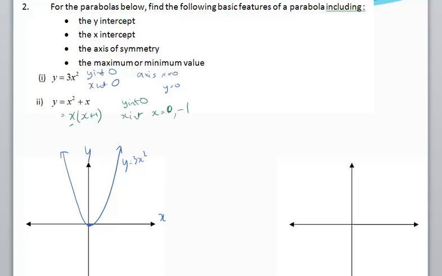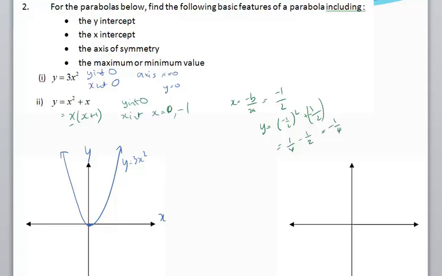So our axis of symmetry here, x is equal to minus b on 2a, so minus 1 on 2, so our axis will be at negative a half, and our minimum will be at x is equal to minus a half, and our y will be equal to minus a half squared plus minus a half here, so it's going to be a quarter minus a half, and minus a quarter here.